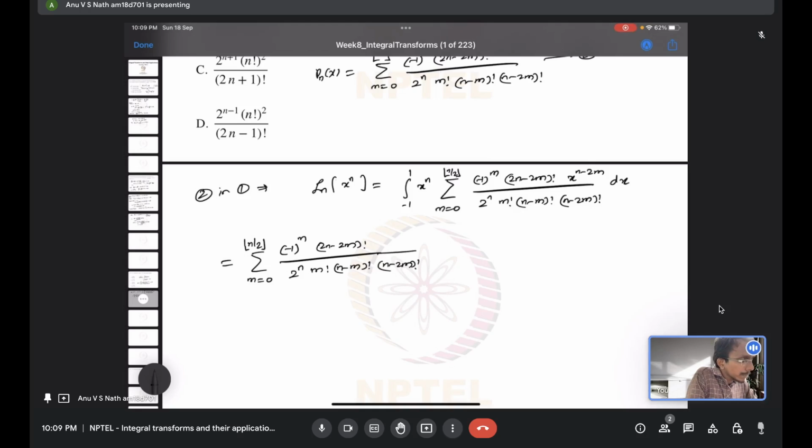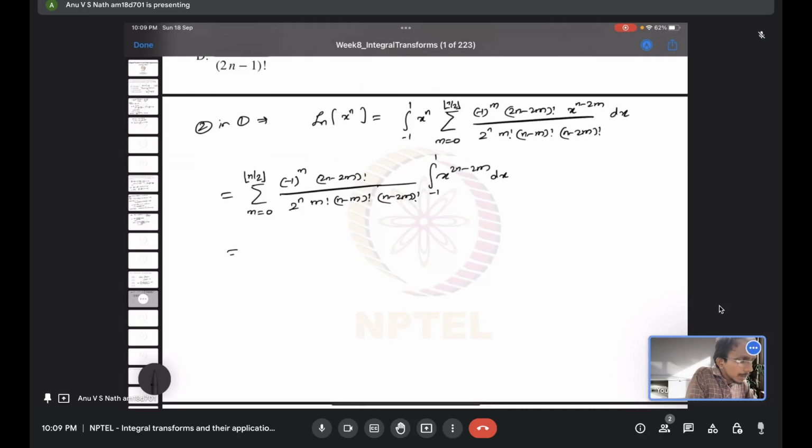This x raised to n will join with this x raised to n minus 2m. So that will become x raised to 2n minus 2m. I'm integrating this from minus 1 to plus 1. Now the basic definition of integration, we need to do the normal integration. Before that, I just need to write this prefactor.